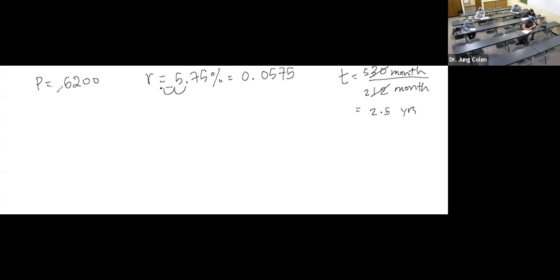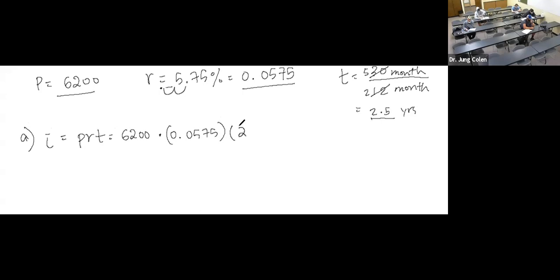So we have all the numbers, principal, rate, and the time. Now we can find I. Calculate the simple interest. So I is what? PRT, right? PRT. Principal, 6,200. R, rate, 0.0575.